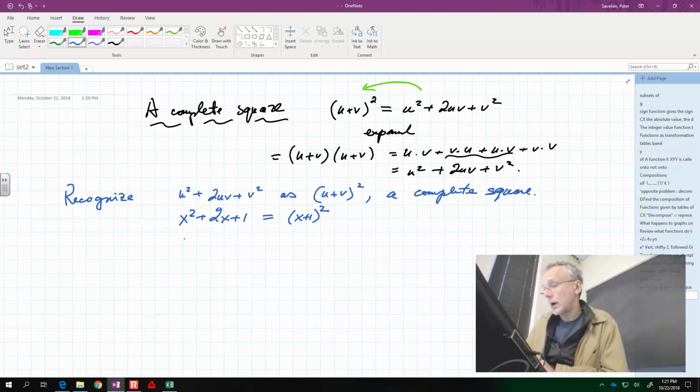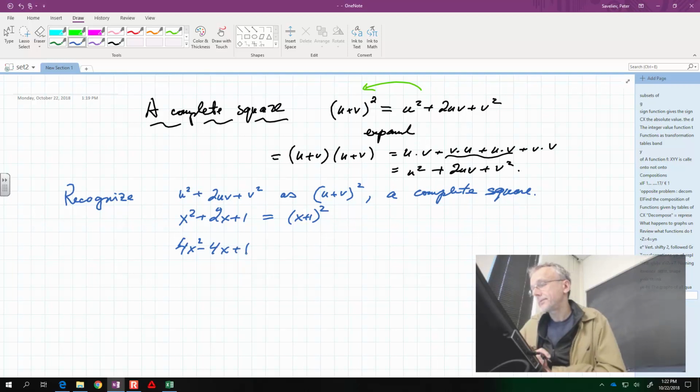So how about 4x squared minus 4x plus 1? The first term, once again, I put them in the right order so that that's not the challenge. As you can see, it is in the standard form for quadratic polynomials. X's go down in powers from 2 to 1 to none. Once again, I match it up with u squared.